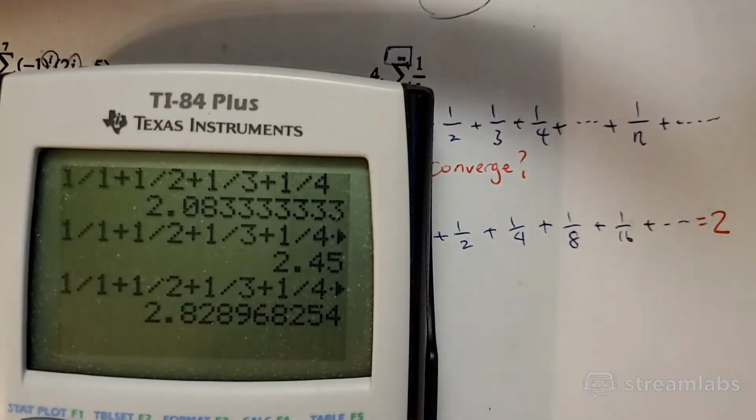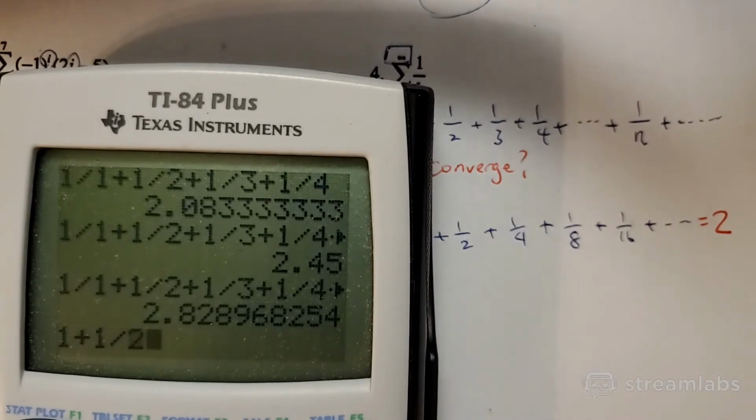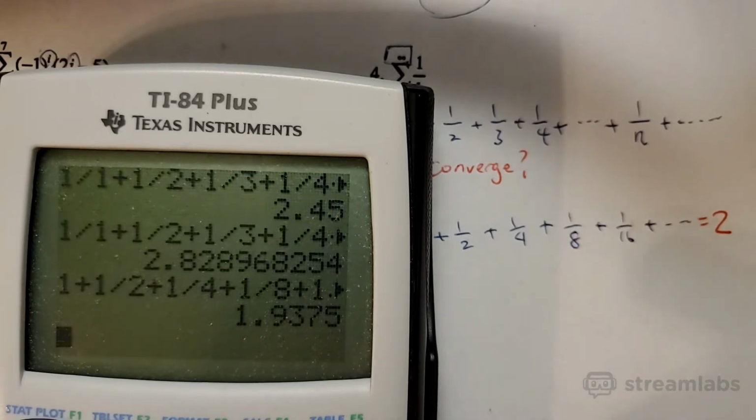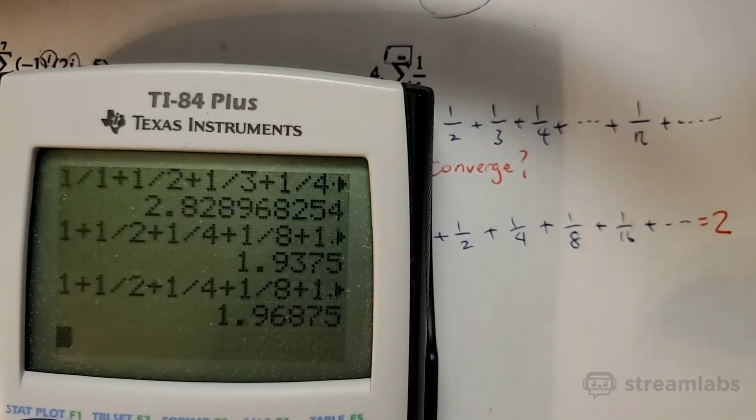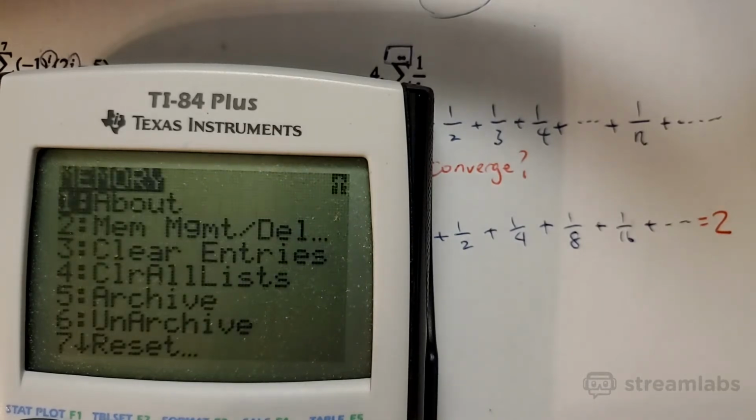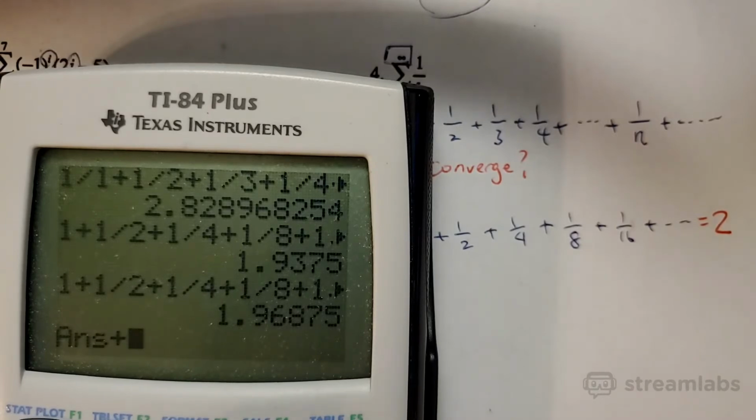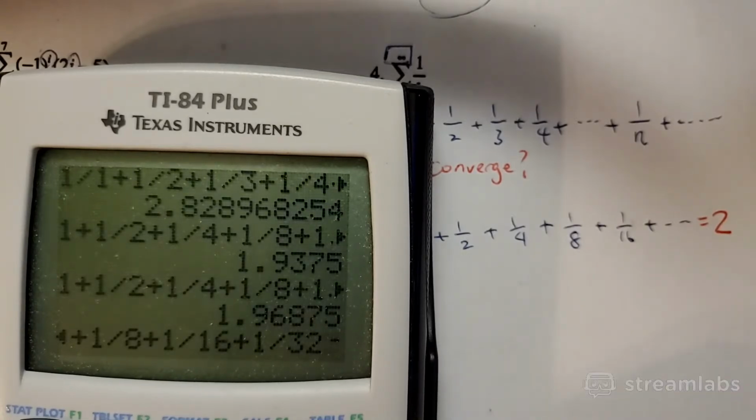If you do that, it will be 1 plus 1 over 2 plus 1 over 4 plus 1 over 8 plus 1 over 16, see 1.93, and you keep adding, right? Plus 1 over 32, 1.96, plus 1 over 64.